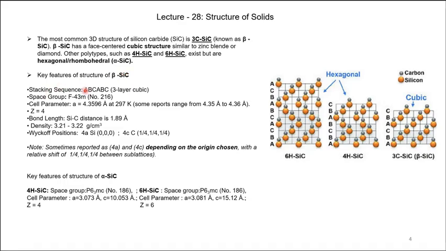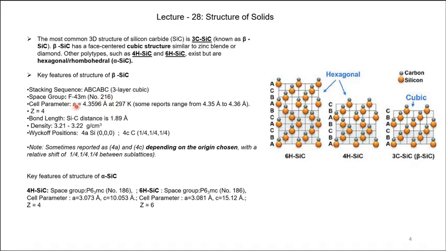The stacking sequence is ABC, 3-layer cubic. The space group is F-bar 4 3m, which is space group number 216.